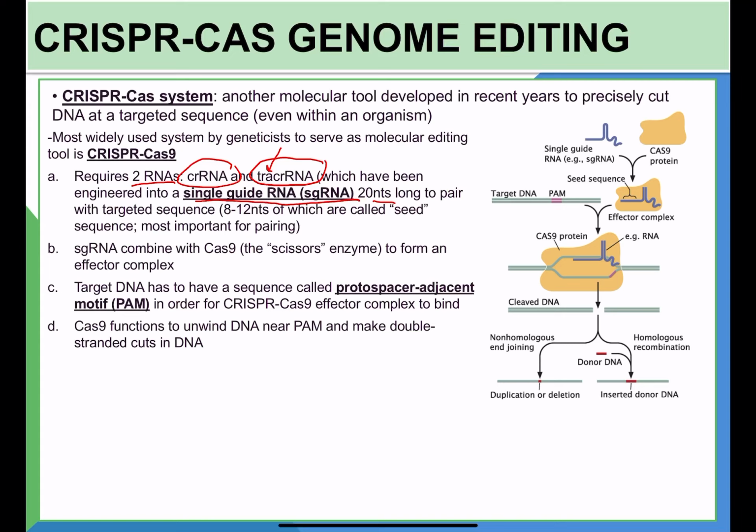And this particular single guide RNA is what we're relying on to search for our targeted gene of interest. So you can think of the CRISPR-Cas9 system kind of like using the Control F find tool in your Adobe document app or your Word processor. Say you have a 300-page electronic book and you want to look for a certain specific word or phrase.